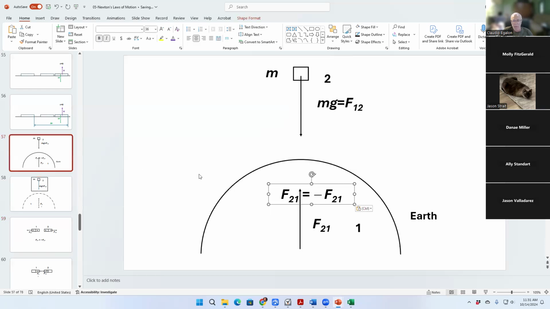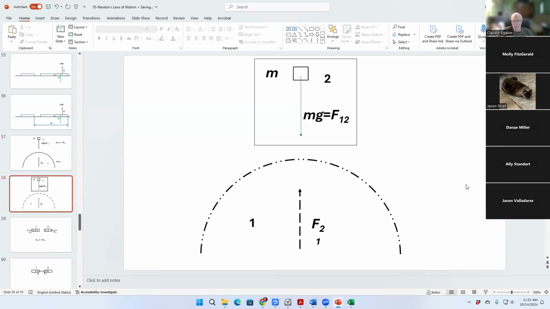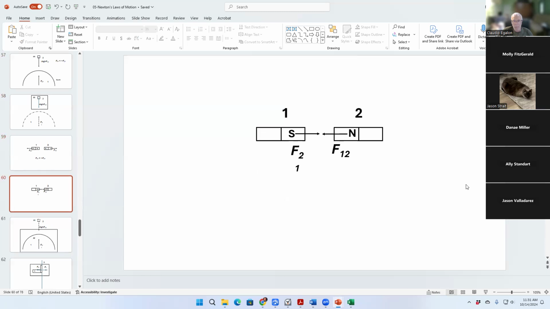Third law. The other way also works. If the south pole of one magnet is facing the north pole of the other magnet, we have exactly the same situation. The force that 1 applies on the other is equal to minus the force that the other applies on 1.